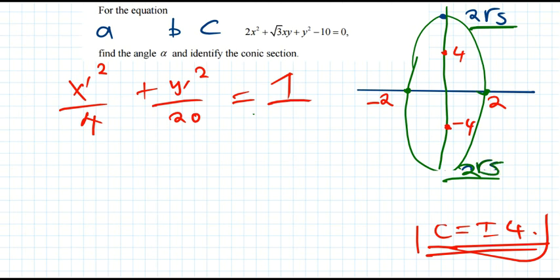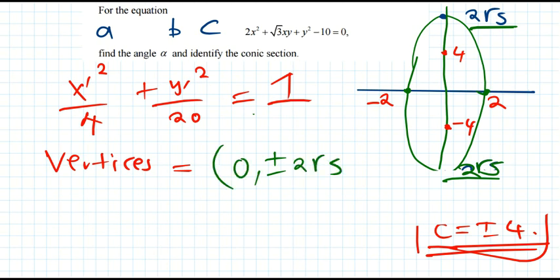So therefore the coordinates for our vertices are plus or minus, which is actually the y coordinates, so plus or minus root of 20 or 2 root of 5. You can split them, one with a positive, one with a negative, and then the other set is plus or minus 2, 0, which you can also split, giving you 4 vertices.